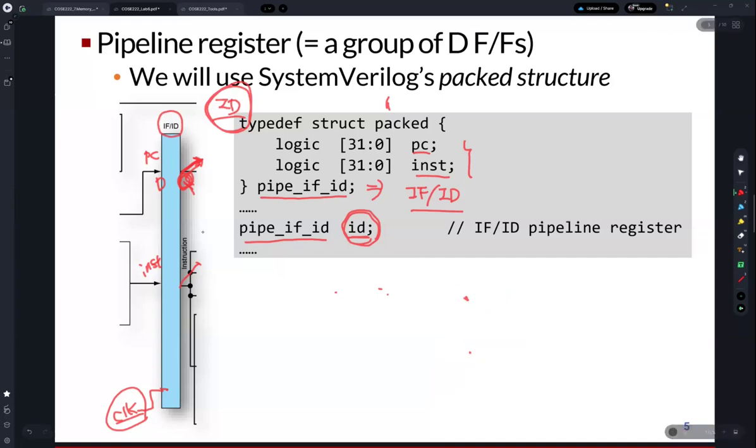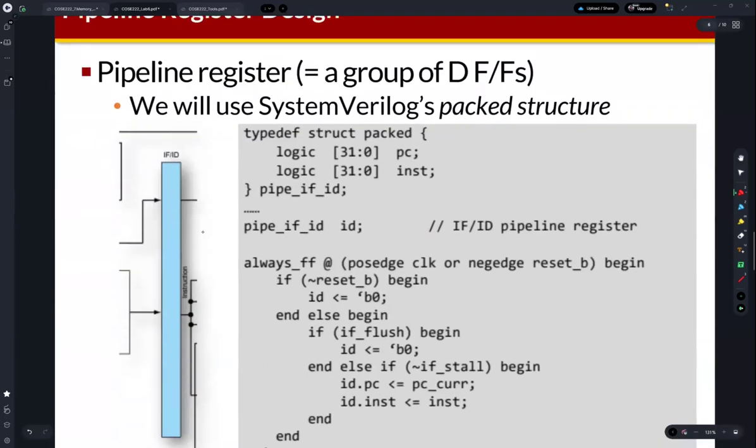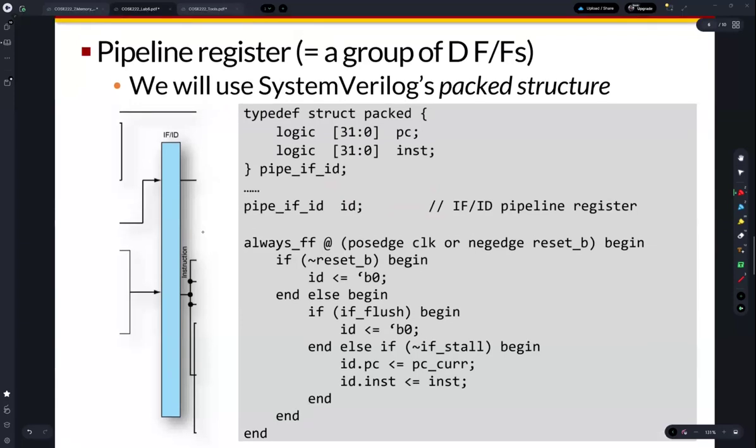I also show another example. Here, this is the complete code for the instruction fetch/ID pipeline register. So what can you observe? ID is declared here, and we define the type of ID as pipe_instruction_fetch_if_ID, right?